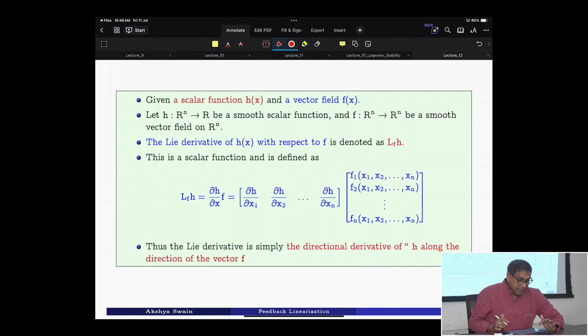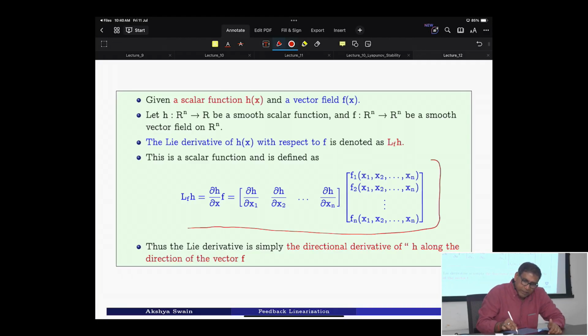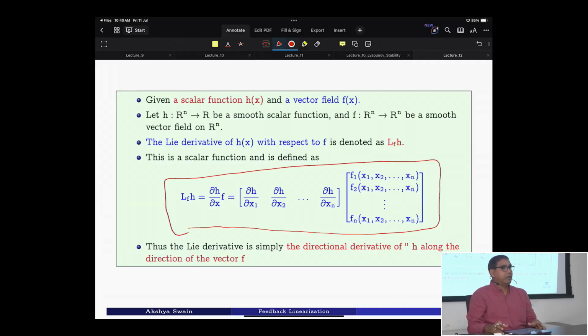Given a scalar function h(x), the directional derivative is defined here because I need this mathematics. Lie derivatives, Lie algebra. Lie is the name of a person; I think he was a Norwegian mathematician.